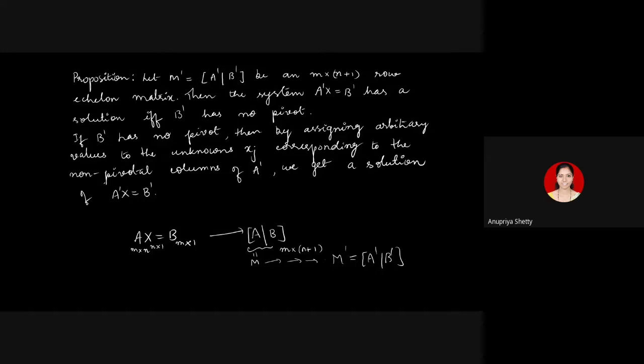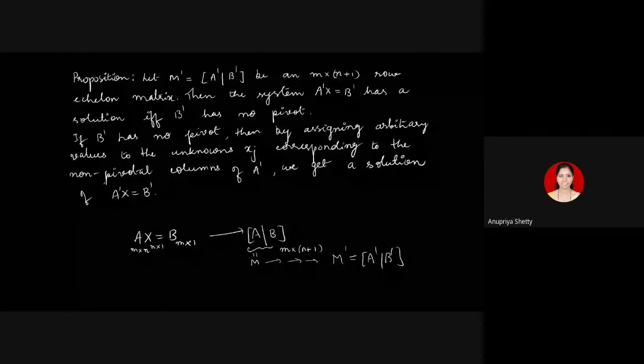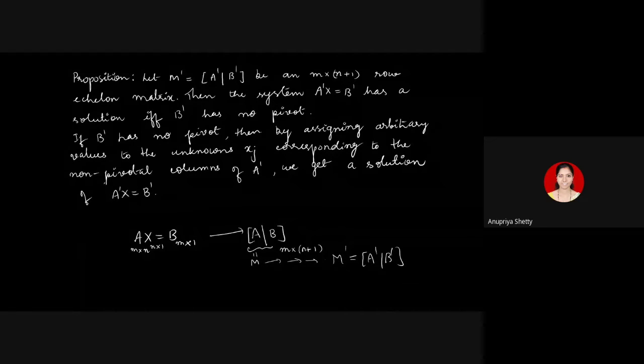So the matrix M is reduced to M dash, which is in the row echelon form. Its blocks are A dash and B dash. Then we have proved a result which said that solving Ax equal to B is equivalent to solving A dash x equal to B dash.